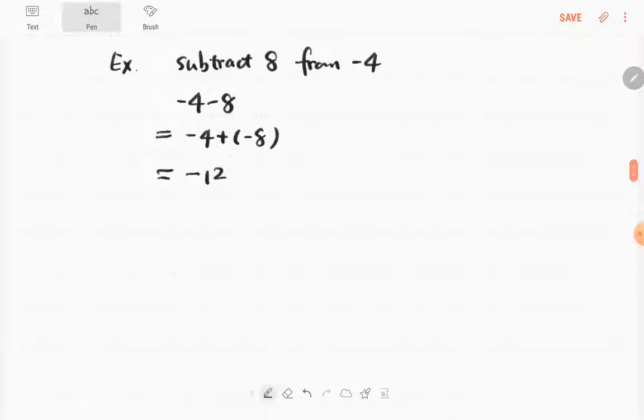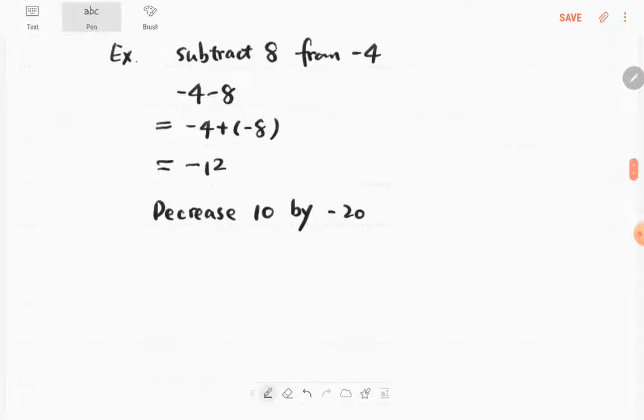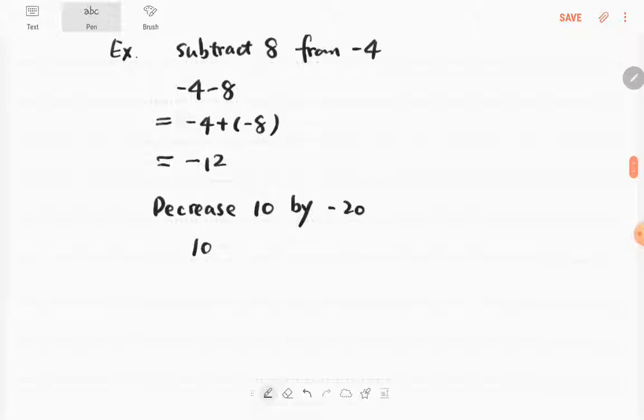So let's check another one. If decrease 10 by negative 20. So when we see this keyword decrease, we realize we should do the subtraction. So decrease 10 by negative 20, which means decrease this number by minus negative 20.